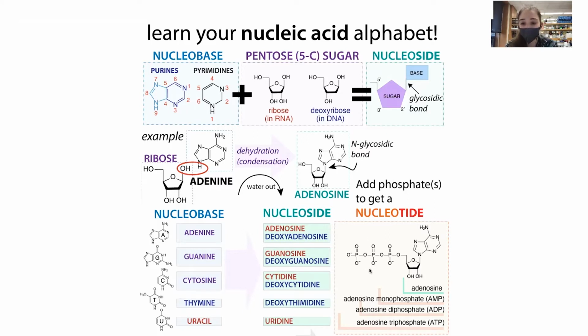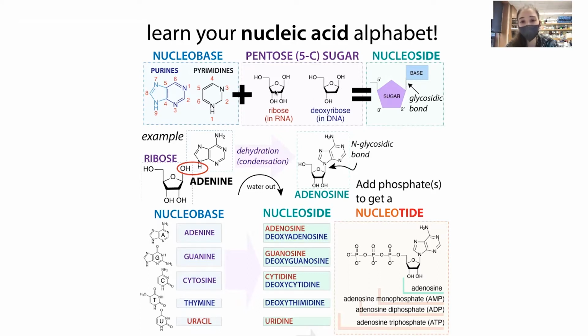So the phosphates are attached to the 5 prime. You have a 3 prime OH, which is where the bases join together. And with RNA, you have ribose, which has this 2 prime OH as well, whereas deoxyribose doesn't have that OH group.